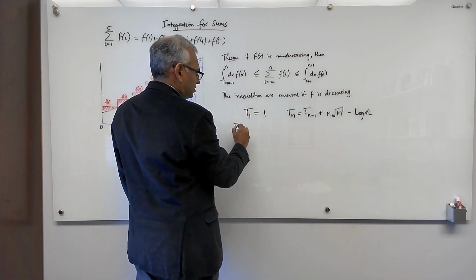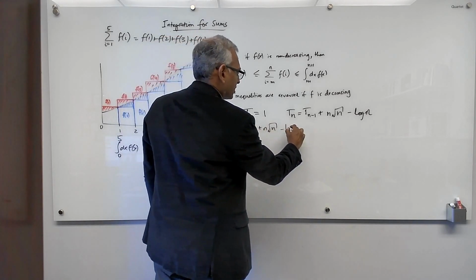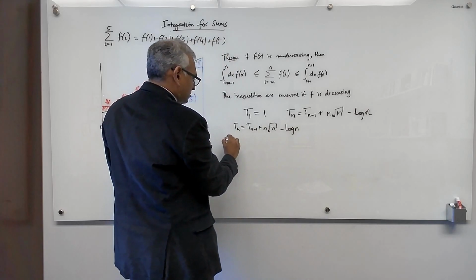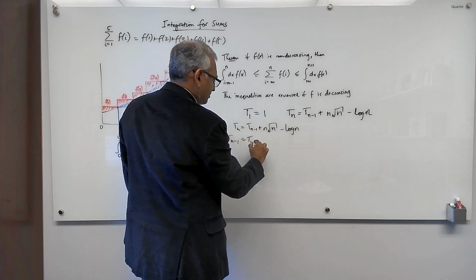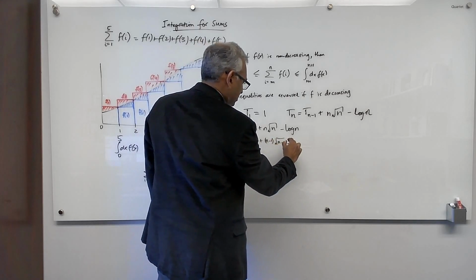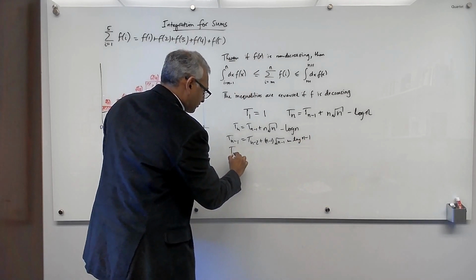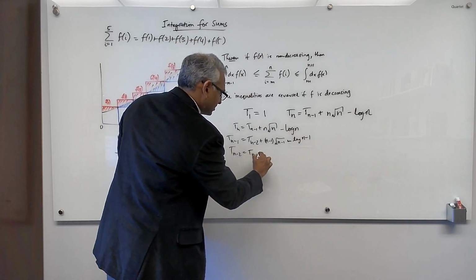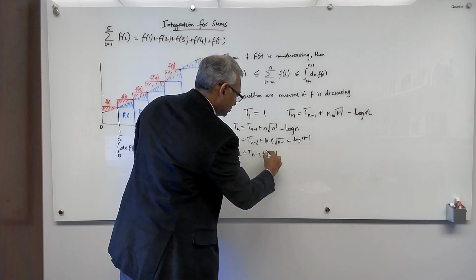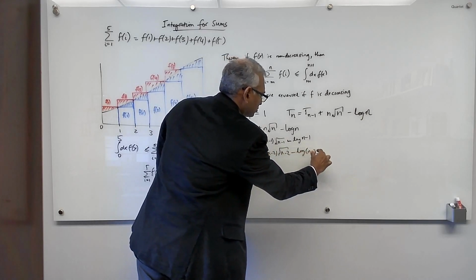So we have T(n) equals T(n-1) plus n root n minus log n. T(n-1) equals T(n-2) plus (n-1) root (n-1) minus log (n-1). T(n-2) equals T(n-3) plus (n-2) root (n-2) minus log (n-2).